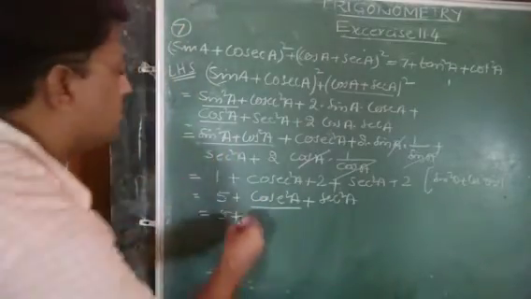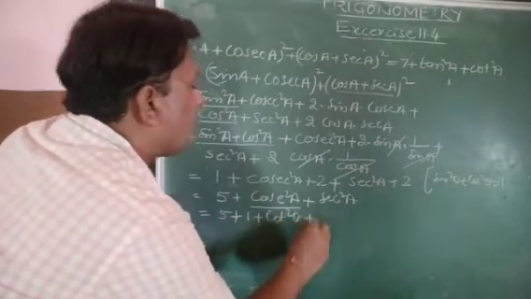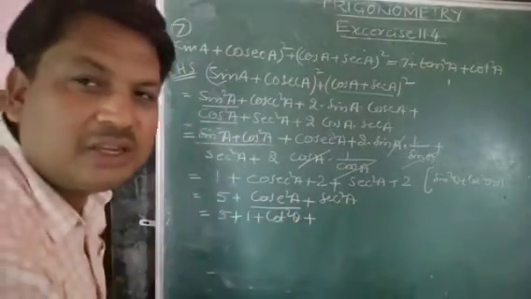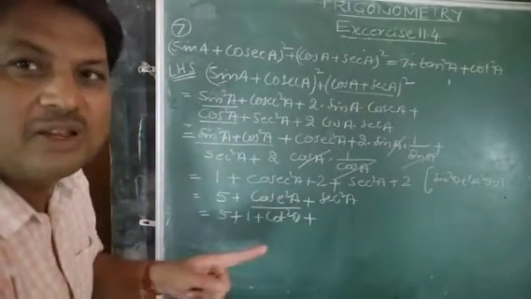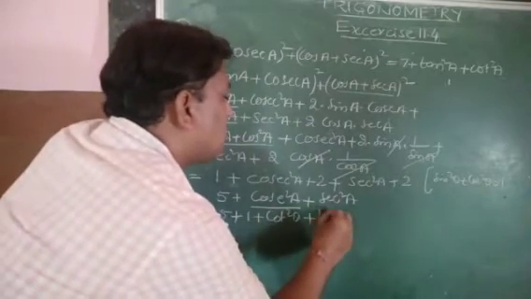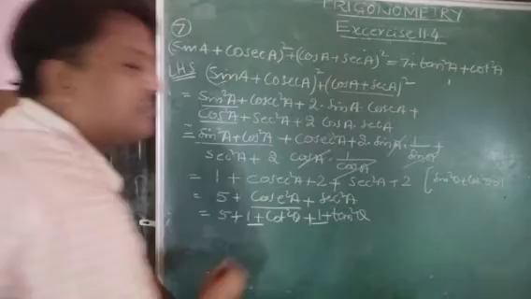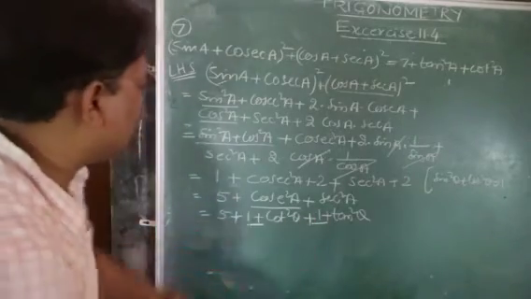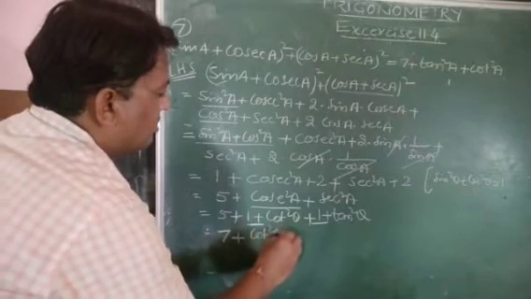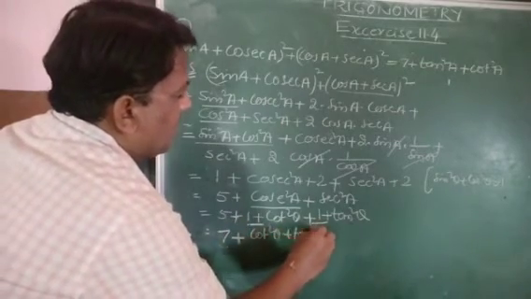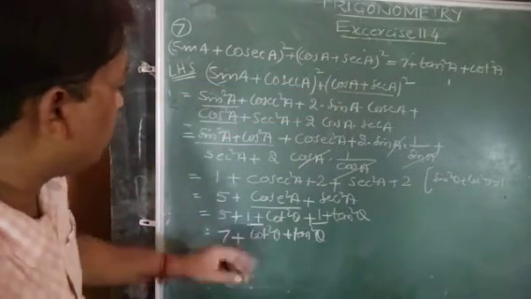So cosec square theta is equal to 1 plus cot square theta. Sec square theta minus tan square theta is equal to 1, so sec square theta is equal to 1 plus tan square theta. Now the shortage of two we got: 5 plus 1 plus 1, that is 7 plus cot square theta plus tan square theta.